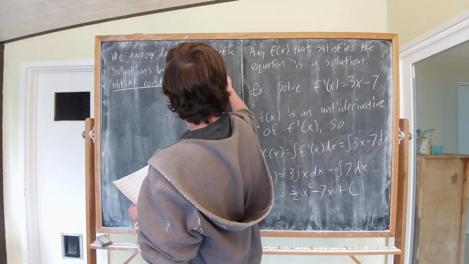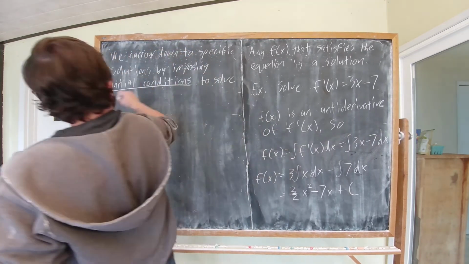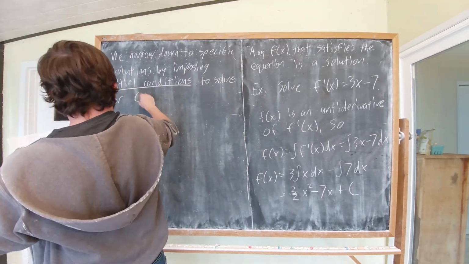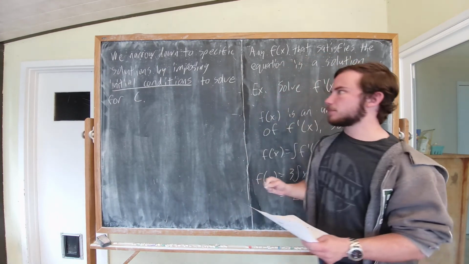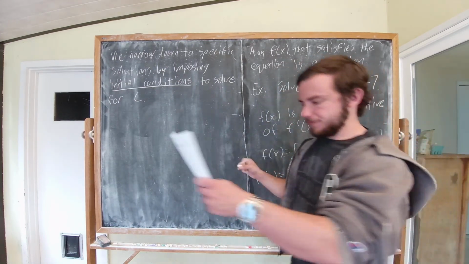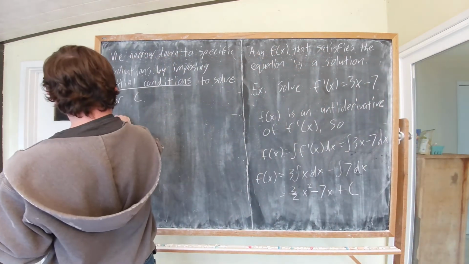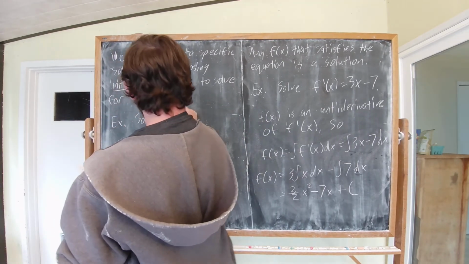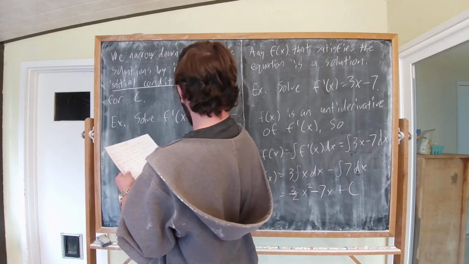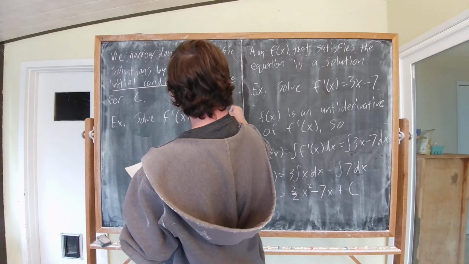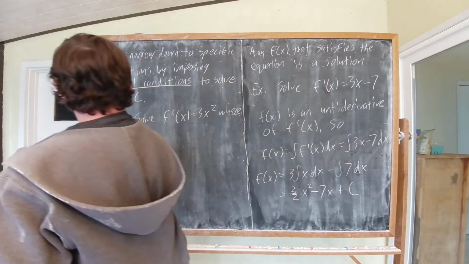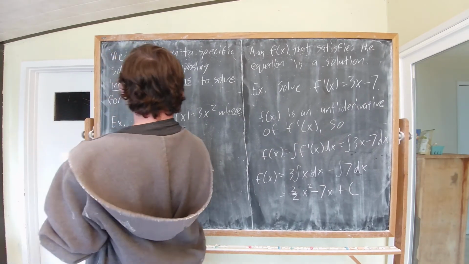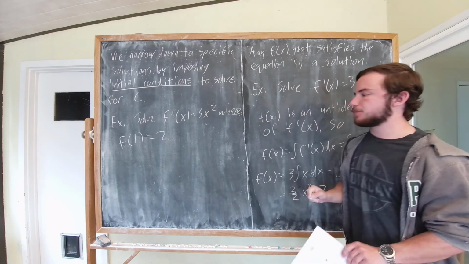To solve for capital C. So let's do an example. Let's solve f prime of x is equal to 3x squared, where f of 1 is equal to 2.